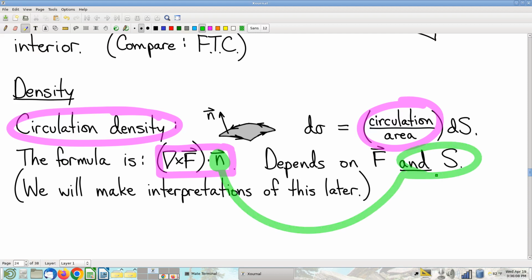We would have expected that it would only depend on the vector field. After all, look at the formula in the divergence theorem. Flux density. There's no tangent vectors or normal vectors or anything. It only depends on the vector field. Look at Green's operator. Only depends on the vector field. So how come this doesn't depend only on the vector field? How come the surface kicks in?